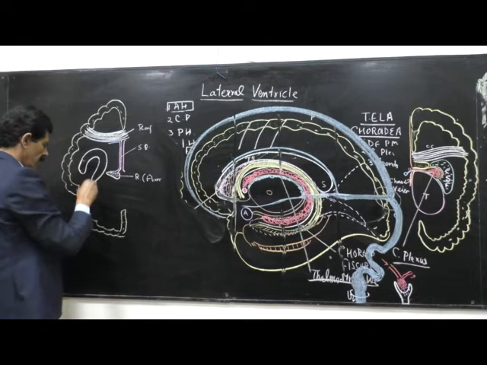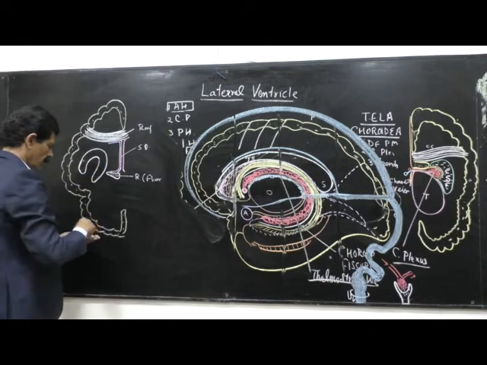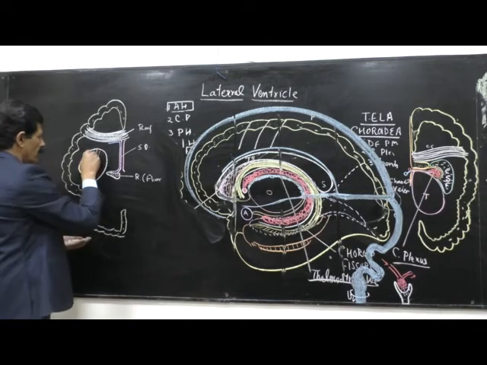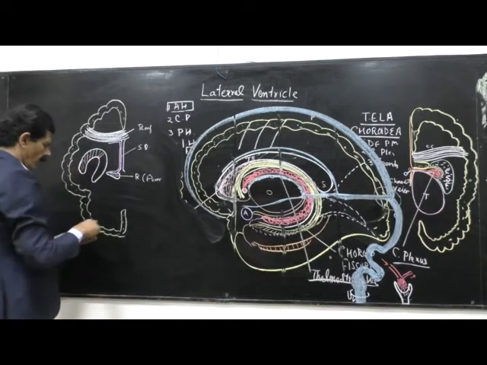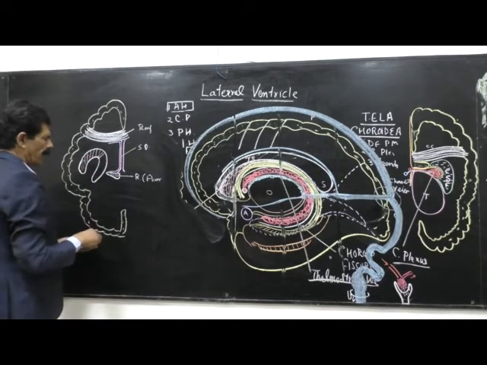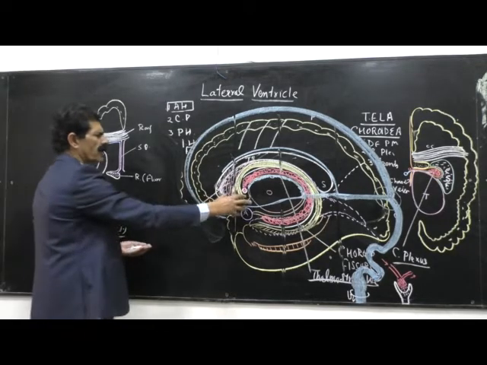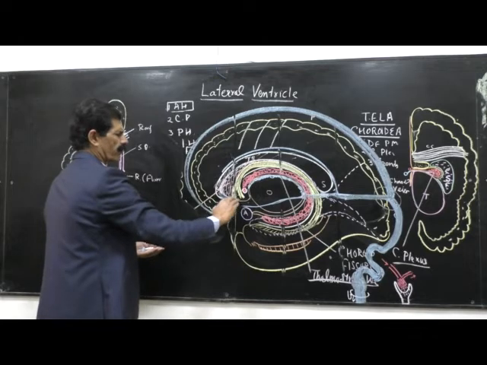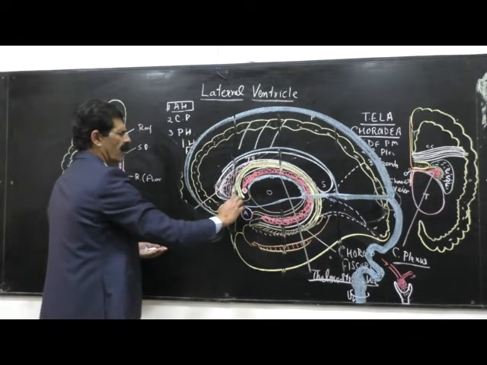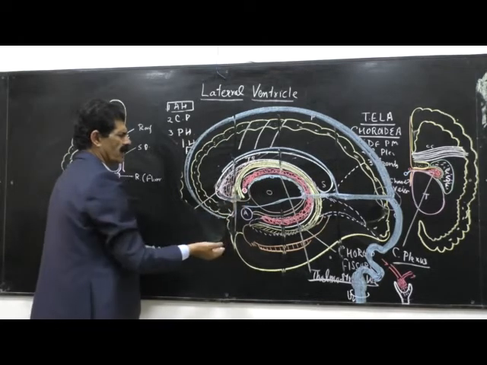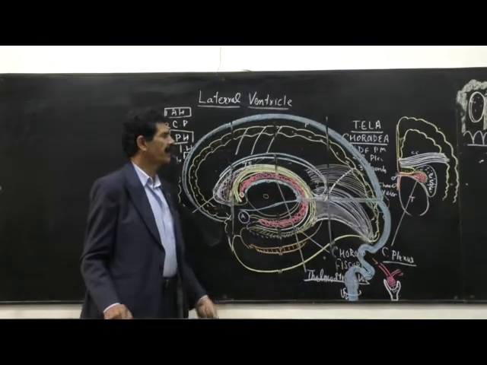The head of the caudate nucleus forms the floor of the anterior horn, and lateral to it the horn and the posterior horn.